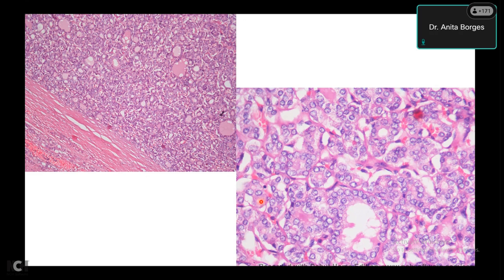While the invasive encapsulated follicular variant of PTC is not a PTC, it is more of a follicular carcinoma. That's exactly what I was saying, and I think that's what I have against the WHO. They sometimes are so poor in the kind of diagnosis that they make.